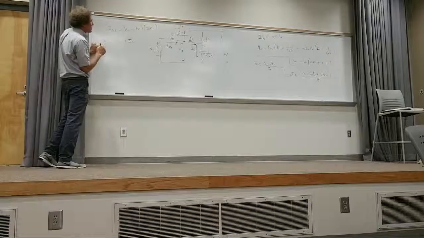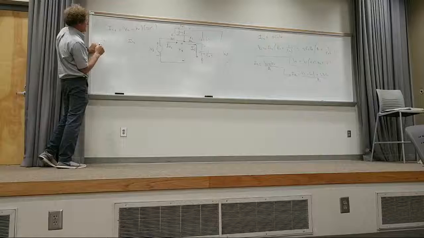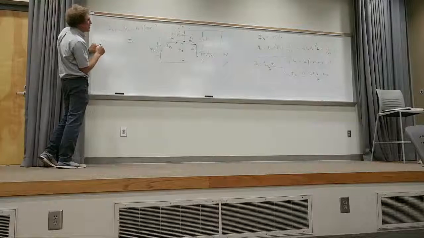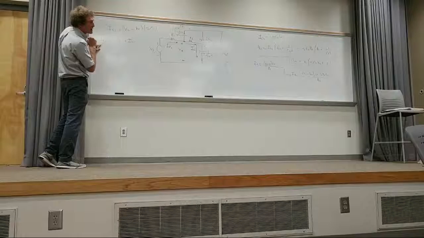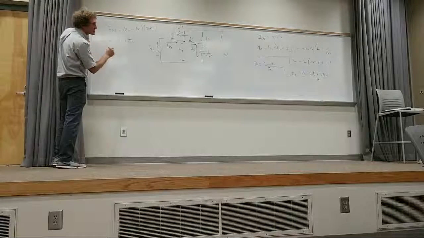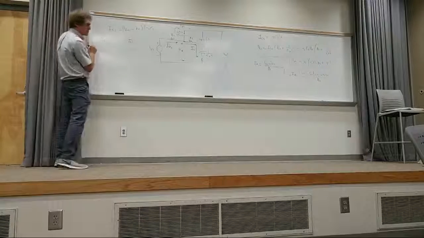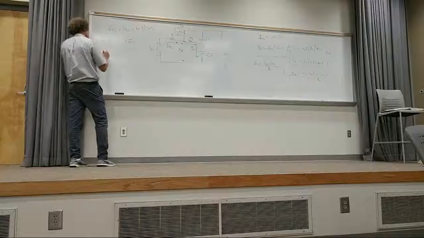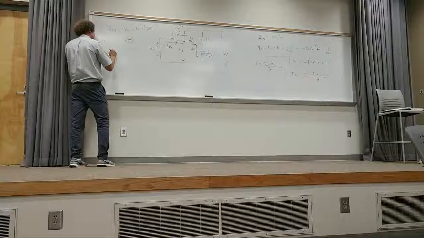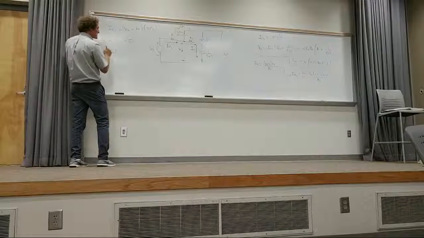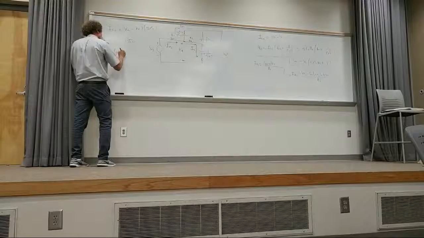What is IR1 right there? IR1 is over there, right? And that's, help me on this one, IR1 would be equal to Vs minus V out times 1 plus S R2C2.